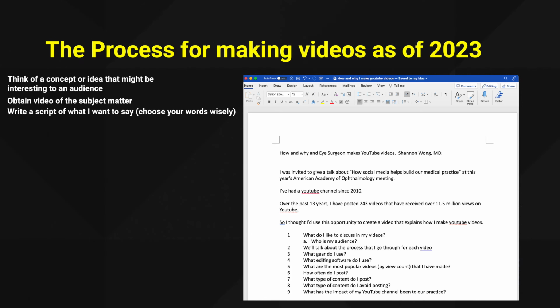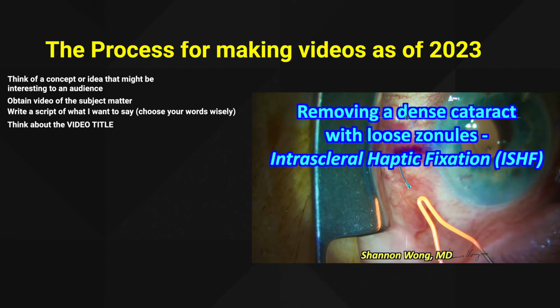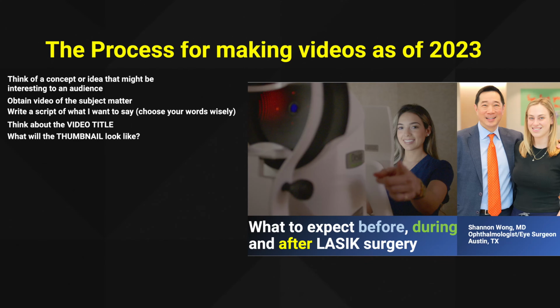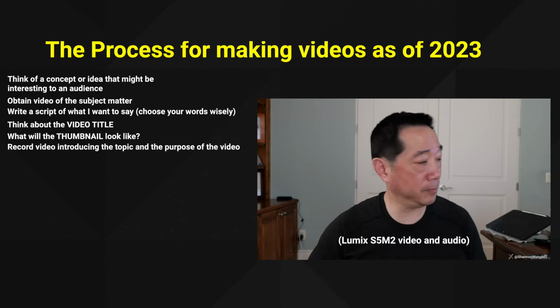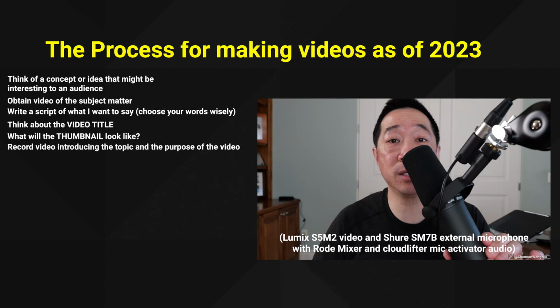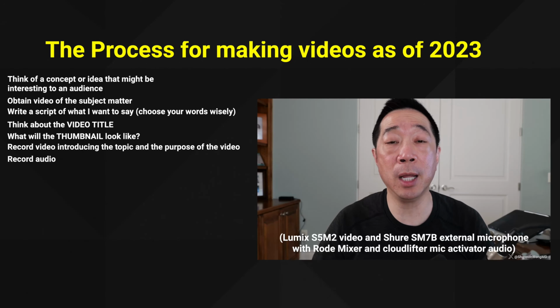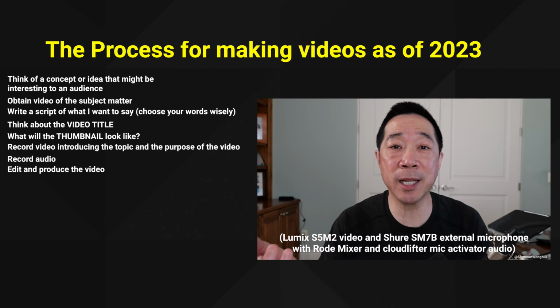And so whatever I say online, I have to be able to stand behind, and it must stand the test of time. Next, I'll think about what's the title of the video going to be. And then I'll also think about what should the thumbnail of the video look like. Then I'll record the video introducing the topic and the purpose of the video. Then I'll record the audio, I'll edit and produce the video.